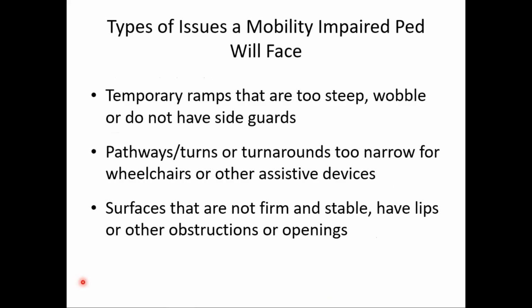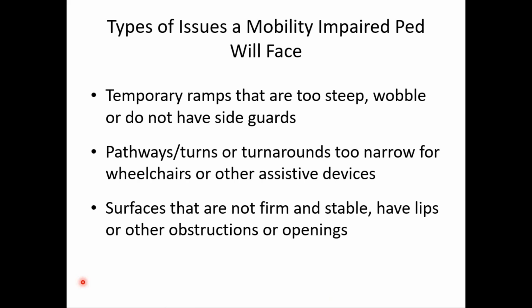In terms of a person, say, in a wheelchair or using a walker, they may face temporary ramps that are too steep or of flimsy construction, so they may wobble when the person gets on the ramp with their device. There may not be side guards to prevent the wheels from dropping off the edge.